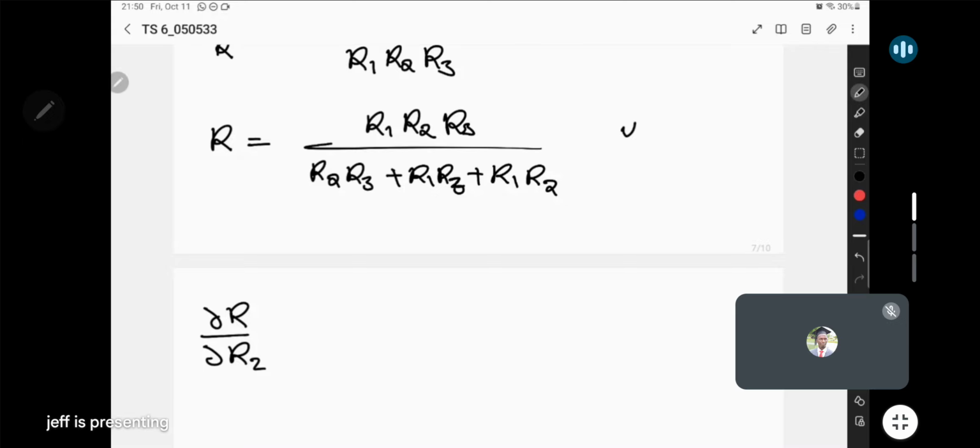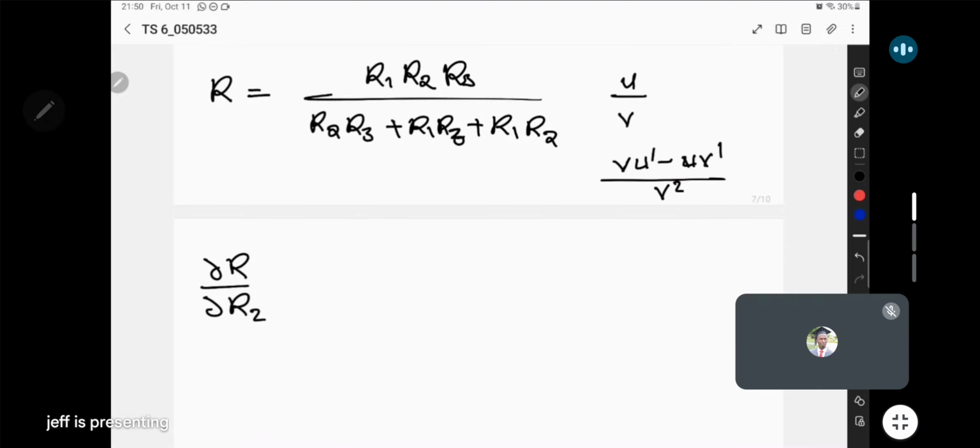In quotient rule, we look at two functions, u on top and v down. To differentiate these, you keep v, differentiate u, minus, now keep u, differentiate v, then divide by the square of v. So this is what we're going to follow.